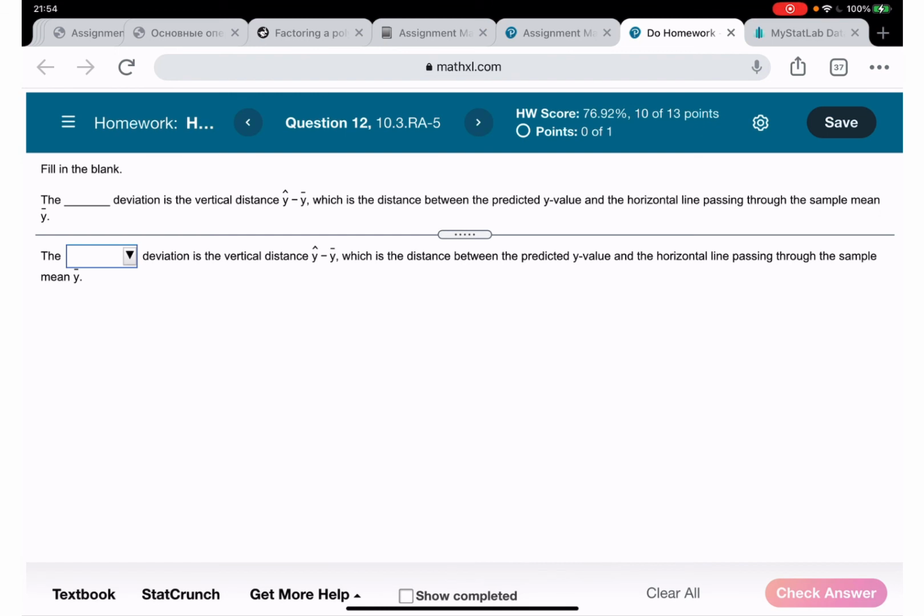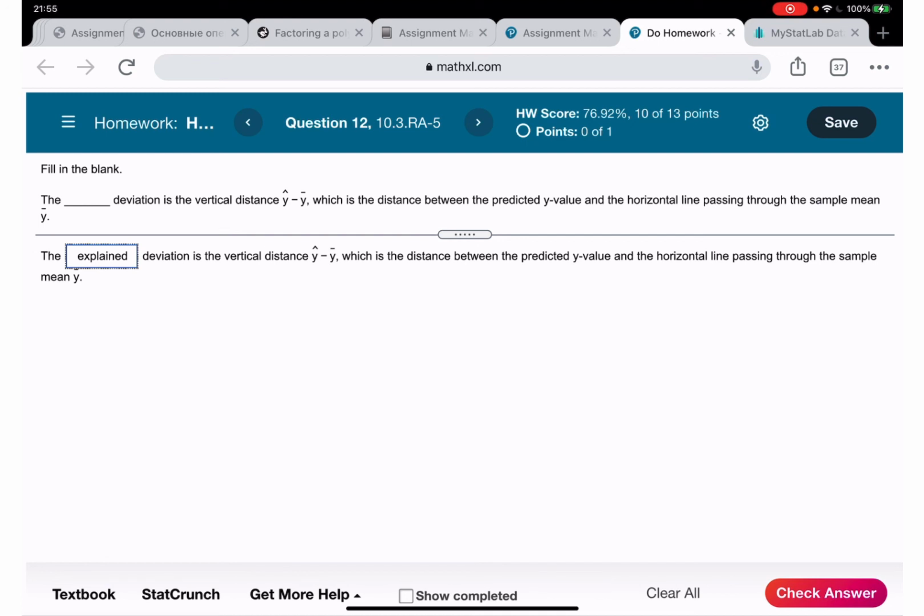Question number 12. So, what do we have here? Deviation is the vertical distance between predicted and average. That is going to be our explained deviation. The explained deviation is the vertical distance between y hat and y bar.